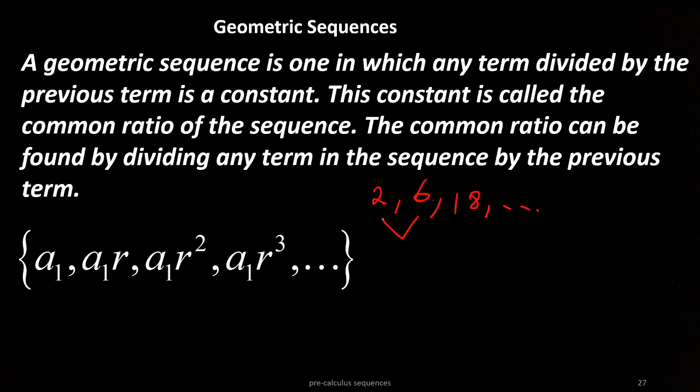Now to get the r, which is called the common ratio, you just divide the pairs. 6 divided by 2, 18 divided by 6, right? That's how you get the common ratio. So once you have the common ratio, then the formula is obvious. It's multiplied by r to n minus 1, and r is that number.